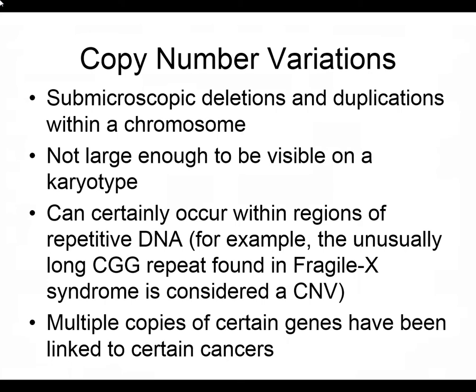But that doesn't mean these things are limited just to these disorders. We don't know exactly the extent of what copy number variation really means or how much of it exists. So we're just starting to scratch the surface on this concept. So I would just think about the definition of what a copy number variation would be.